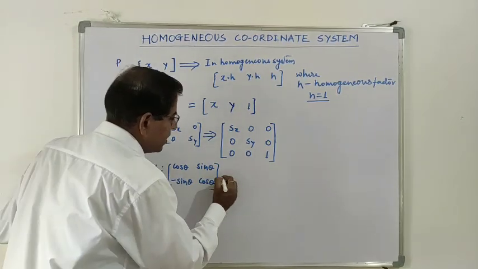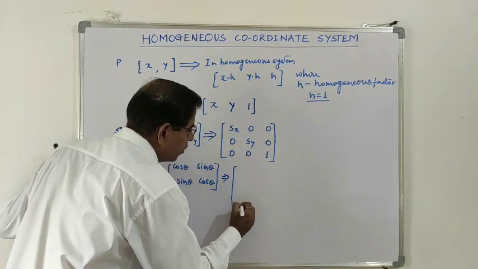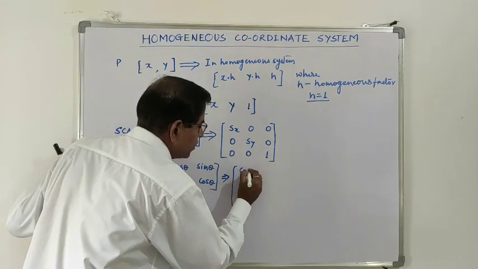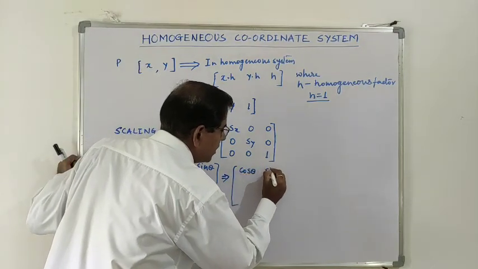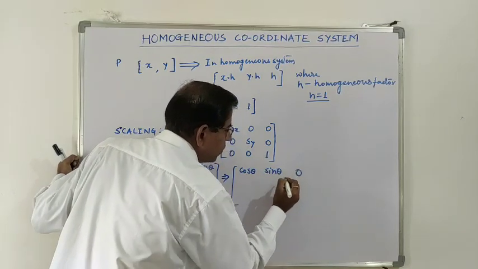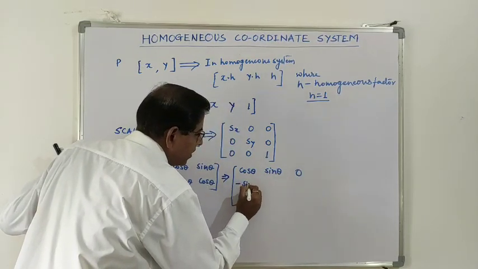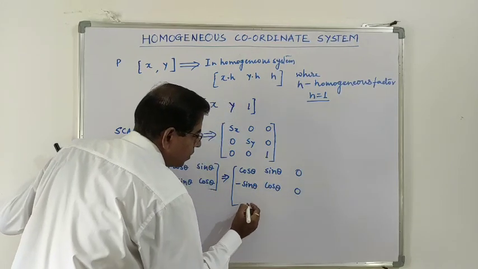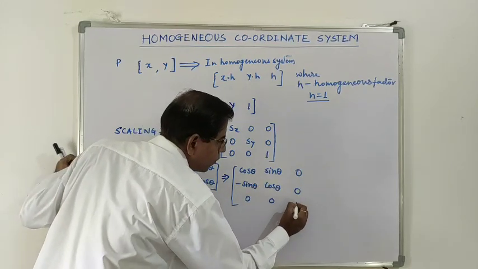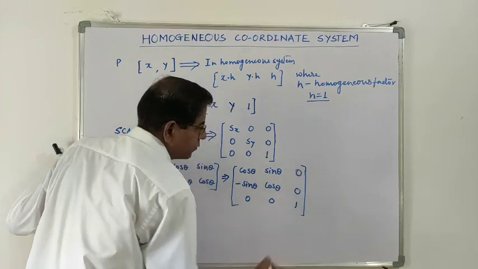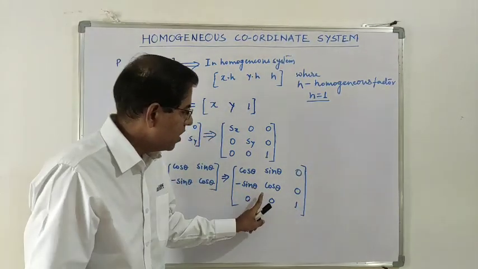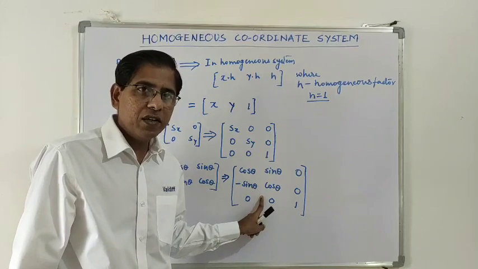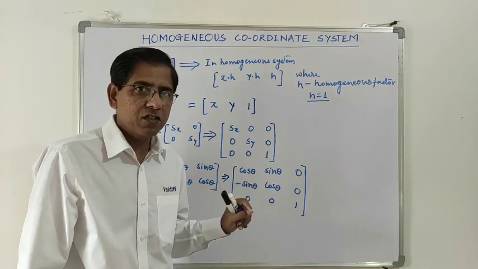Now this rotation matrix in homogeneous system will look something like this: cos theta, sin theta, 0, minus sin theta, cos theta, 0, 0, 0, 1. So this is a rotation about origin matrix in homogeneous coordinate system.